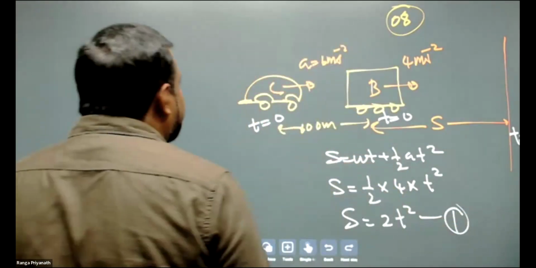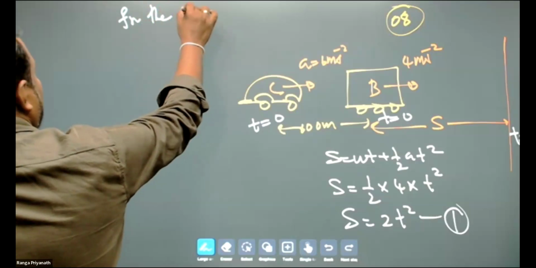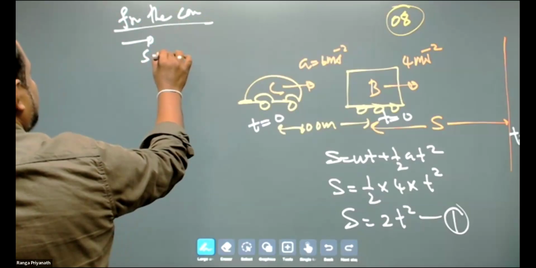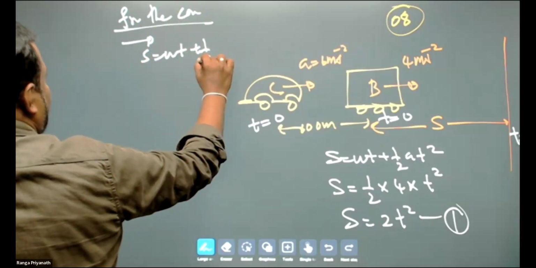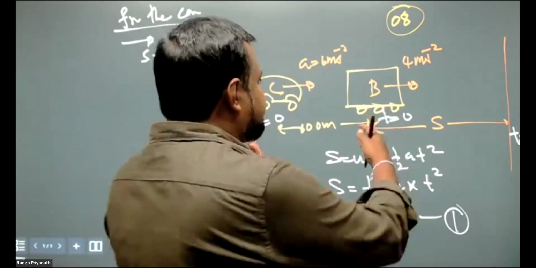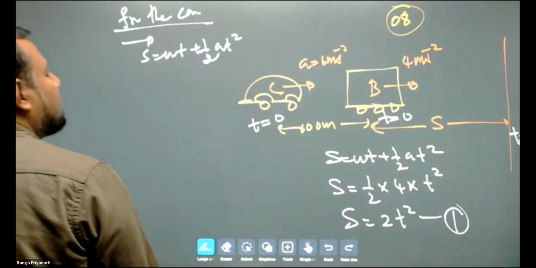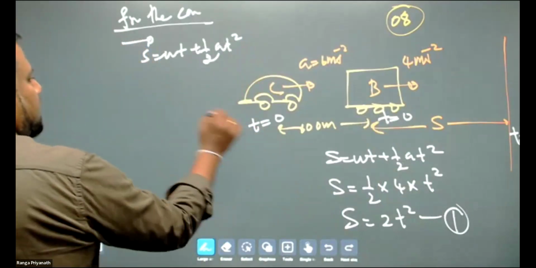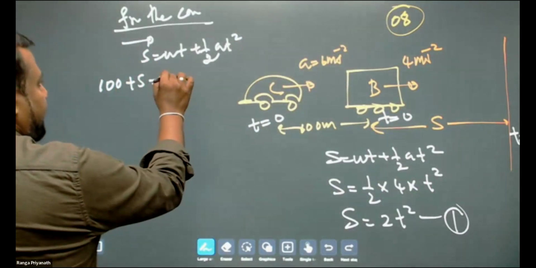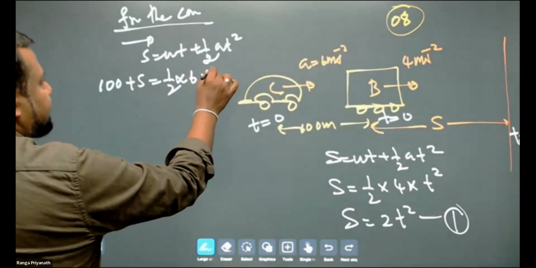For the car, we can apply the same equation, S = ut + ½at². Because we have to consider the displacement, we can use the displacement for this question. 100 plus S, initially at rest, half, acceleration 6, t squared.